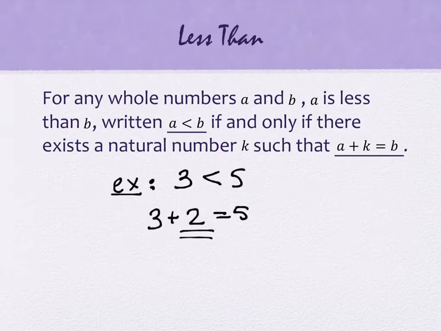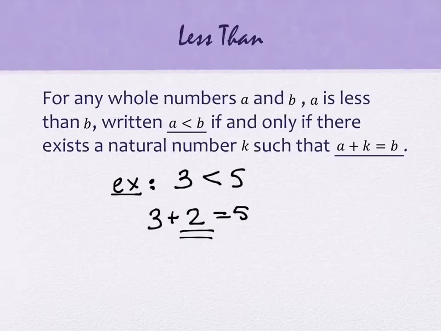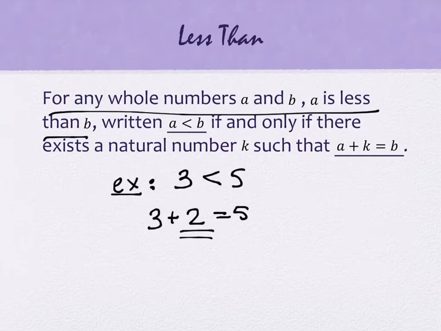Equivalently, we could talk about the phrase less than from the perspective of subtraction instead of addition. Most of what is said in that definition would stay the same. It would start out, for any whole numbers a and b, a is less than b. All of the first line would stay the same.